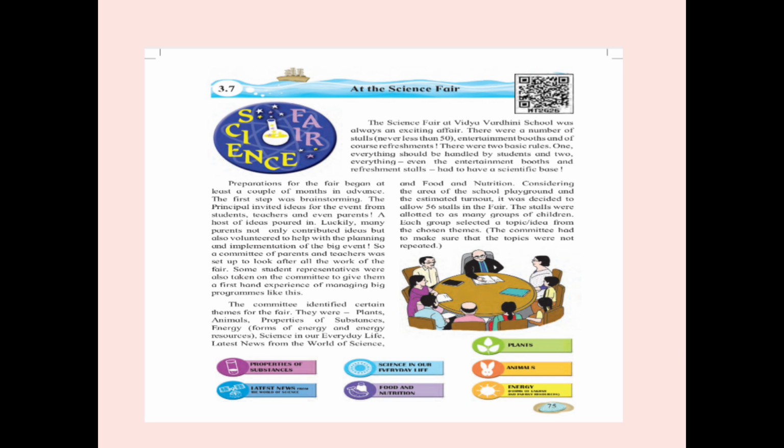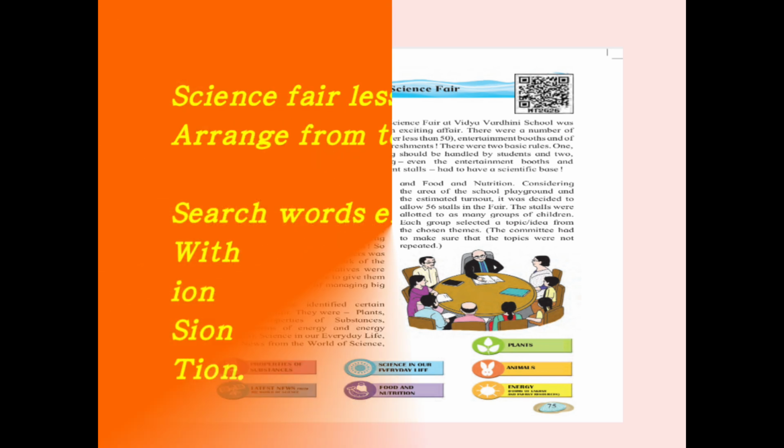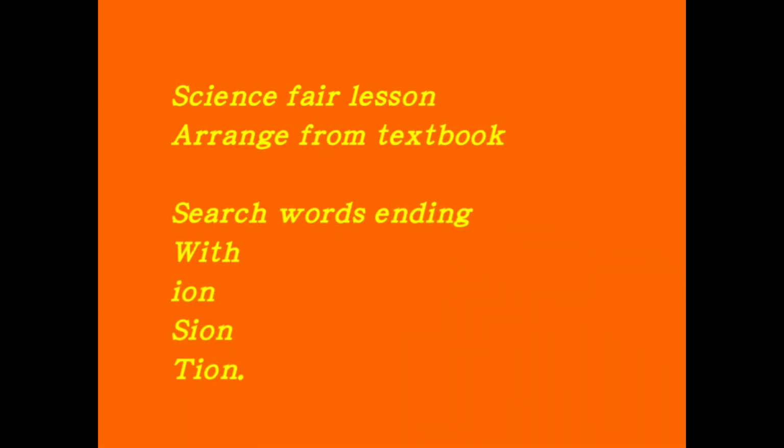You can scroll the pages of your textbook. You love scrolling the screen of the mobile phone. Now scroll the pages of your textbook. Refer to the words on page 76. Refer to page 77, and so on and so forth, and search for words ending with ION, SION, and TION.